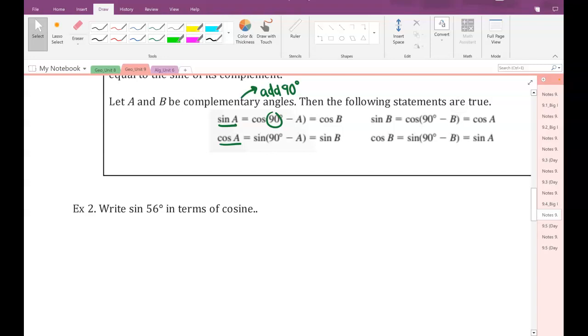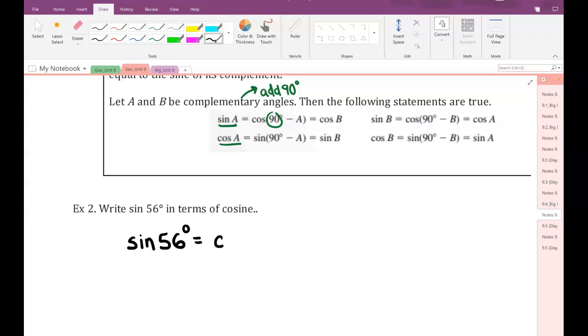All those sine, cosines, 90 minus A, minus B may seem confusing, but it's actually pretty straightforward. So if I wanted to write the sine of 56 degrees in terms of cosine, I'm going to follow this first formula up here. My sine of 56 degrees is going to be equal to just the cosine of angle B, because they're complementary.